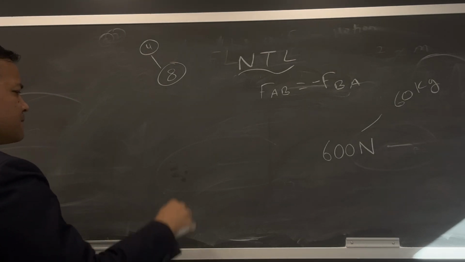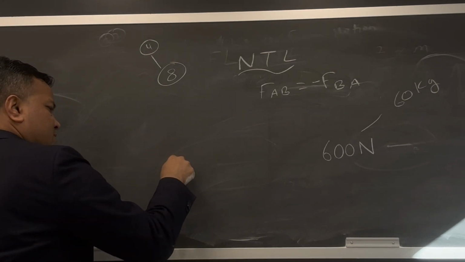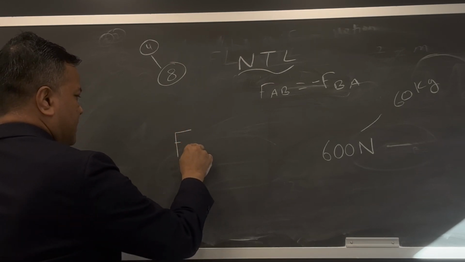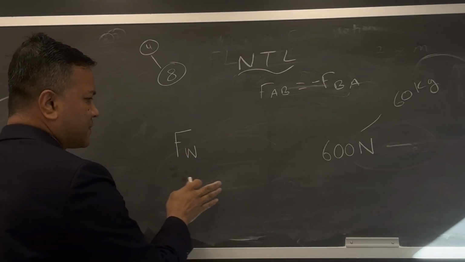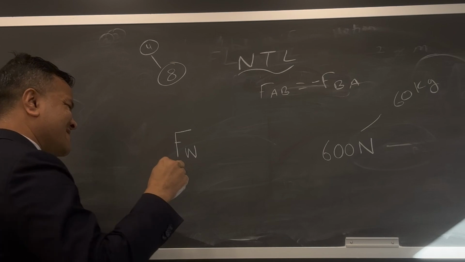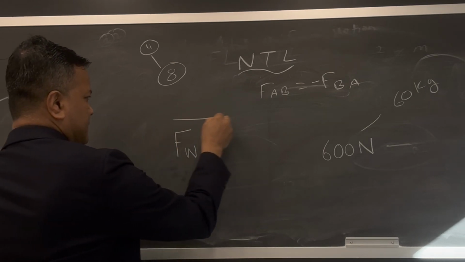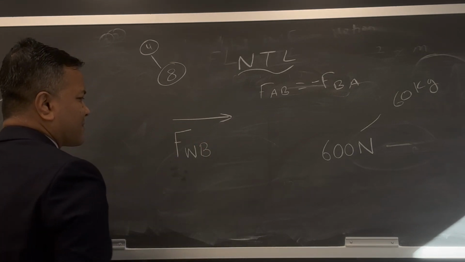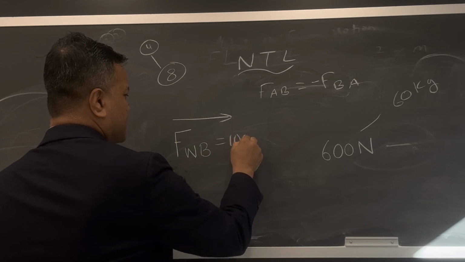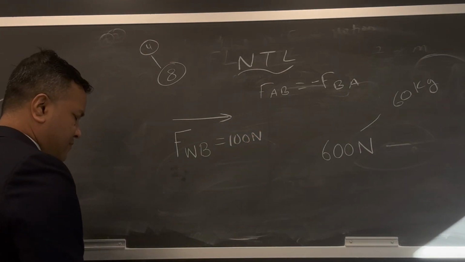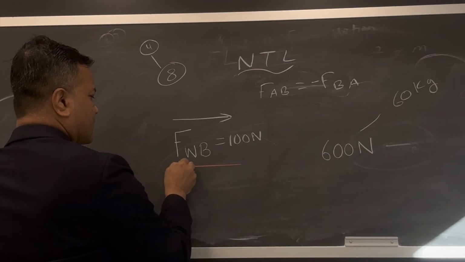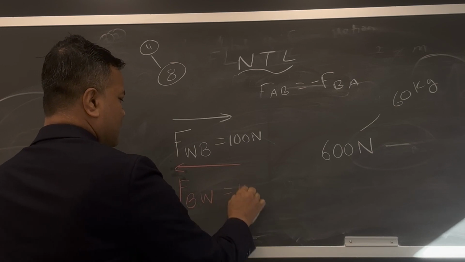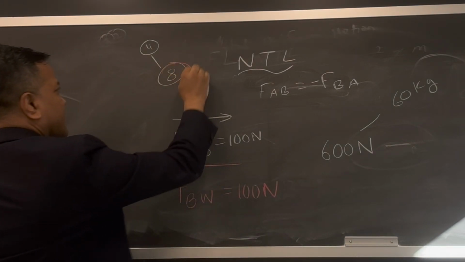So what are you going to call the force going in this direction, which I cannot draw? The force on the wall. I'm going to draw it to the east instead of drawing inside the board. Force on the wall by Bari. If this is 100 Newton, then force on Bari by the wall is also 100 Newton. That is problem number 8.